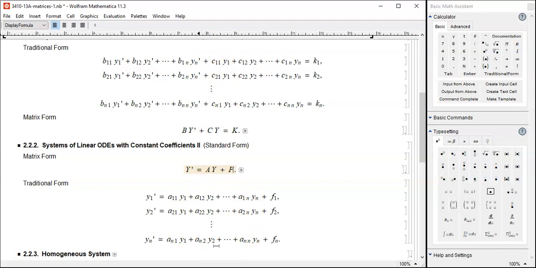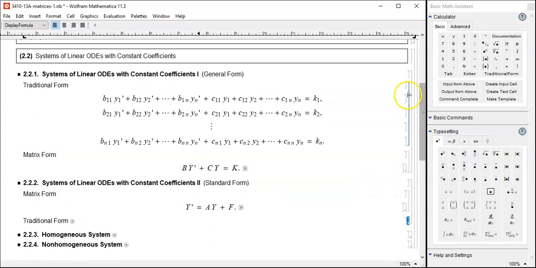So from the general form, where those derivatives and the originals are all intertwined, into each line has just one derivative. Just y1 prime equal to something, y2 prime equal to something, and so on. Yn prime is equal to something. This is an improvement. And of course, this one here, which I highlighted, is an even bigger improvement.